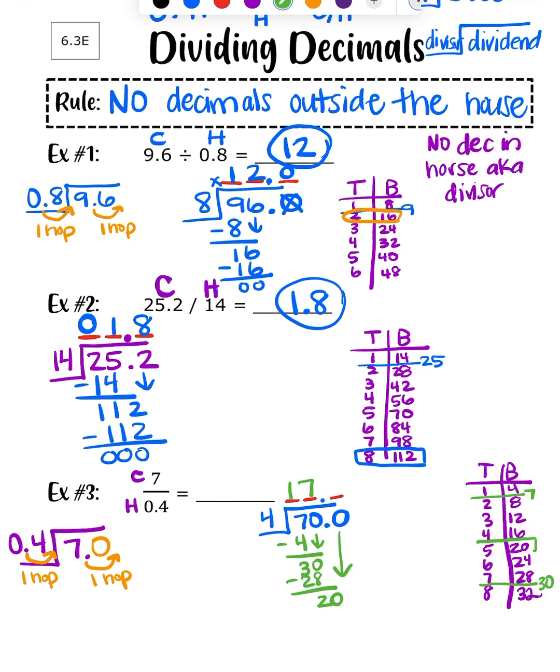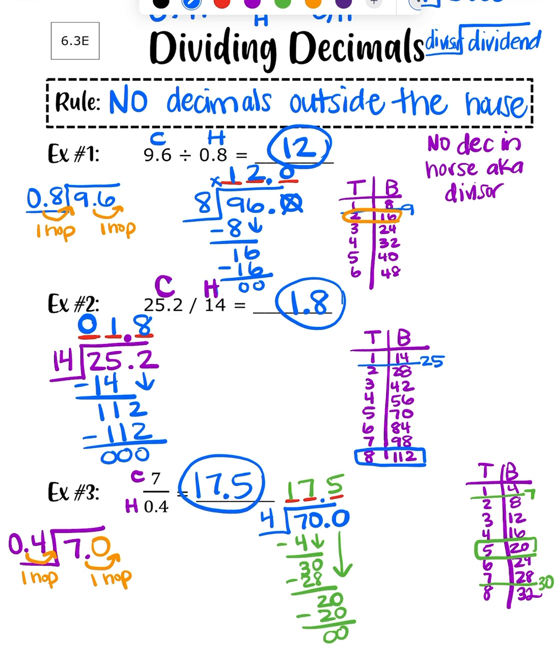So how many times go on top? 5. And 20 goes on bottom. 20 minus 20 is 0. So now that I've zeroed out, I filled in all of my blanks. So my answer is 17.5 or 17 and 5/10.